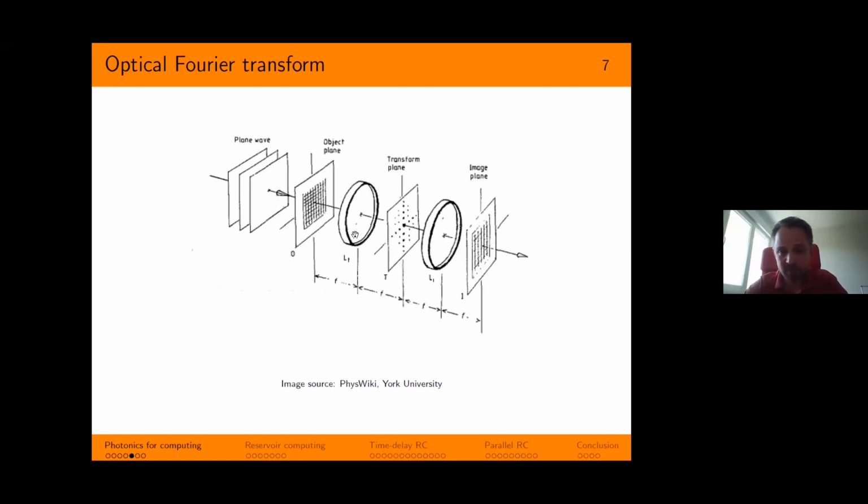If we have a simple lens here, an image in the focal plane, then we get the 2D transformation on the other side on the focal plane. A popular application of this optical transformation is the realization of the convolution operation, which also is a complex operation. It's very needed in the domain of modern convolutional neural networks.